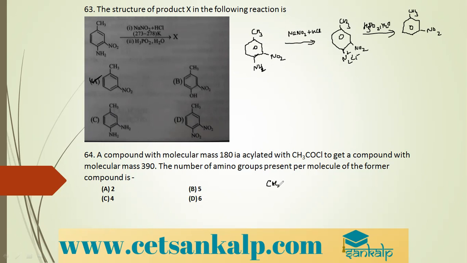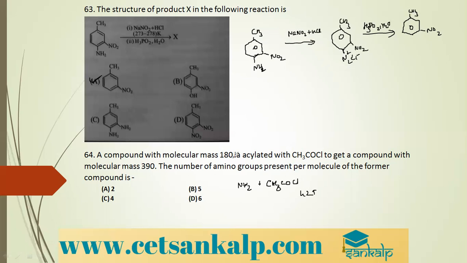It is 1 mole, correct? 1 mole of CH3COCl with one NH2 group. With one NH2 group, the molecular mass increases by 42. See, total, it will increase by 42.